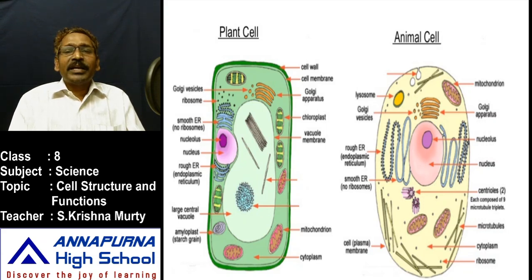The environment may contain high or low temperature, or bacteria, viruses and other germs which cause damage to the cell and try to enter into it. The cell wall, being hard and rigid, prevents the entry of unwanted material and foreign germs.